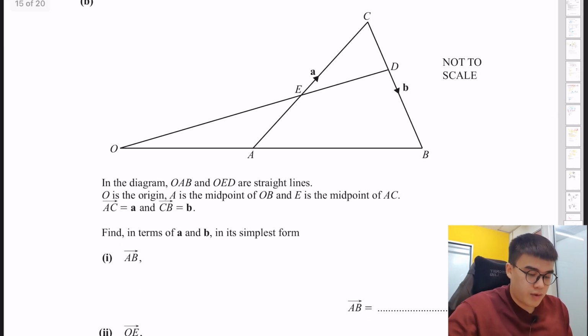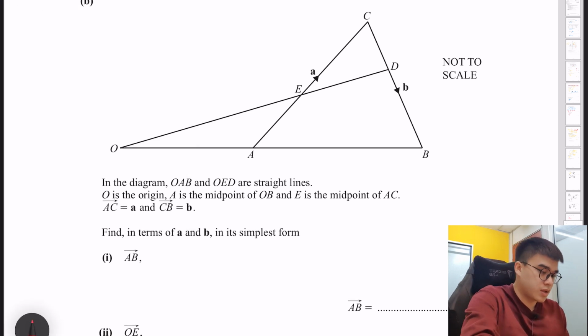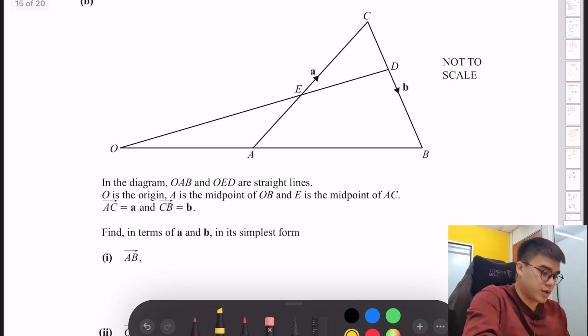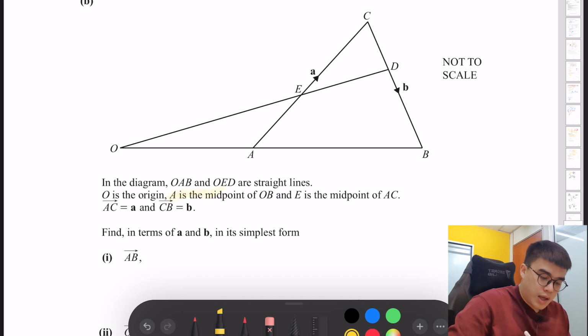Moving on, we have another set of graph here. So to find AB, from the statement here, the first thing that I noticed was that this part here is very important. A is the midpoint of OB.